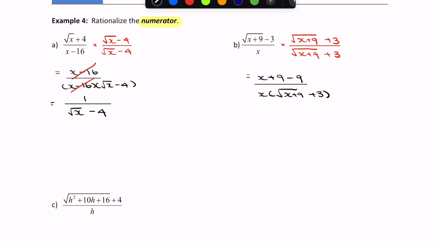We see here that the 9 and negative 9 will cancel out, and the x and x would then therefore cancel out as well. So here we have 1 over square root x plus 9 plus 3.